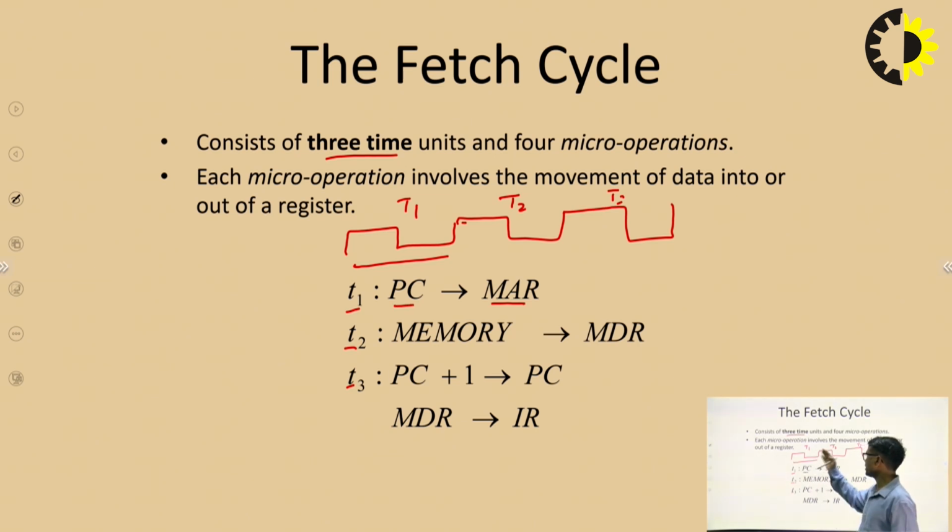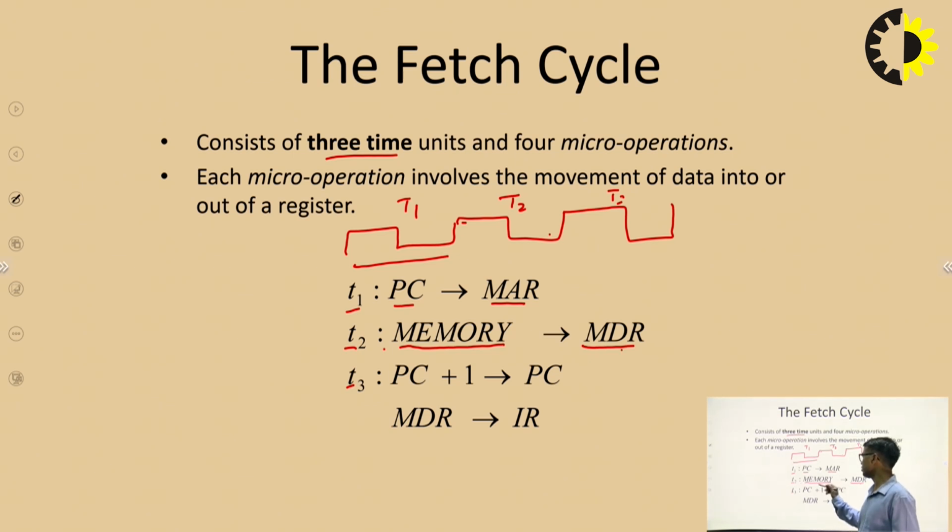After T1 has passed, when T2 comes, the second micro operation will be executed. The content of memory that was requested at time T1 will be moved to the memory data register. So whatever data is requested by the PC through MAR will now be copied to MDR.